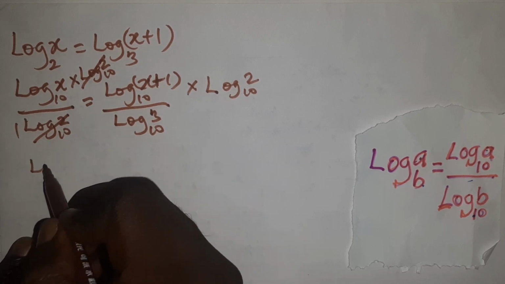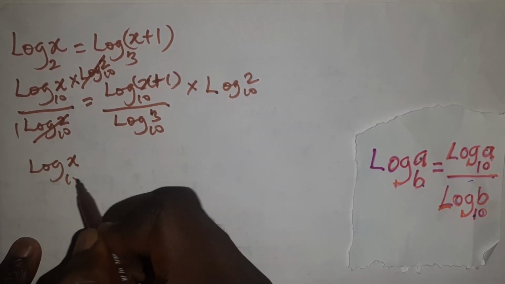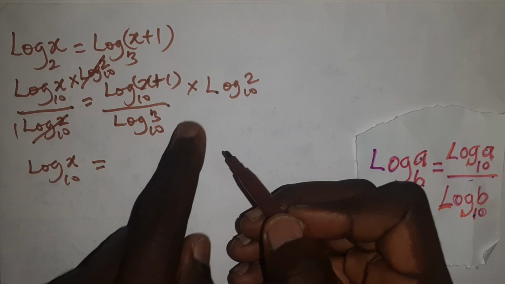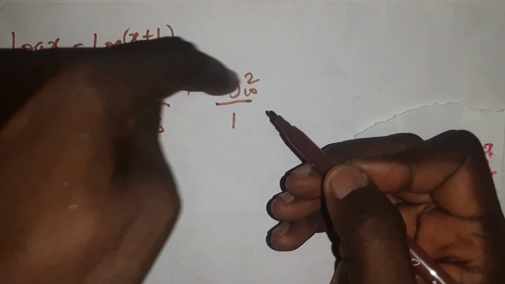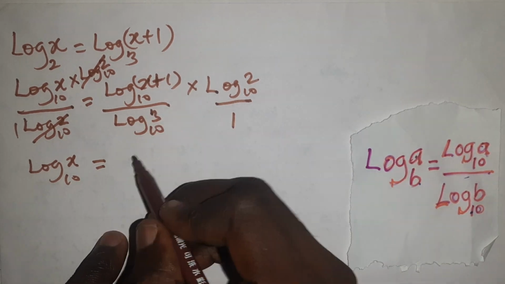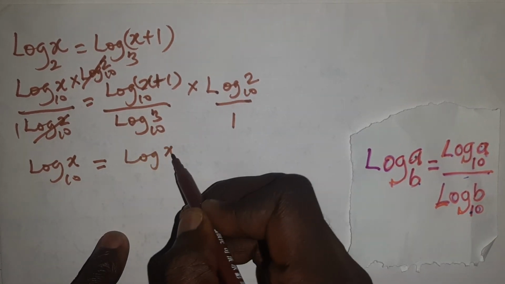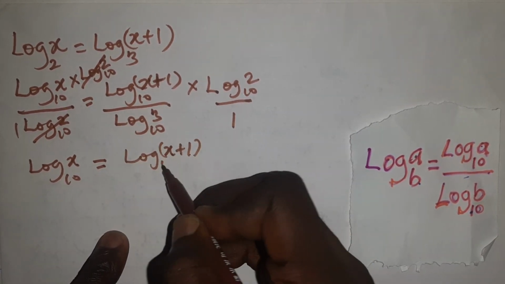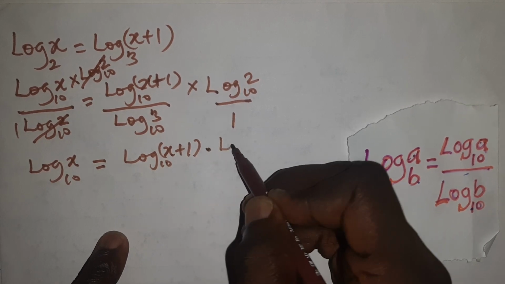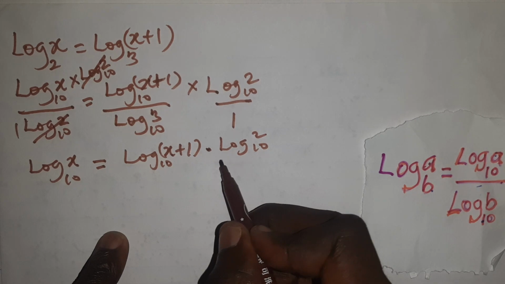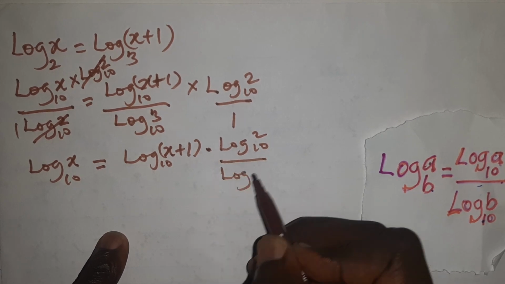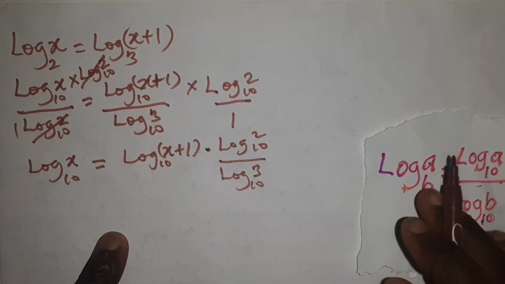So I have log x base 10 equals, this can be over 1. I'll multiply the numerators and the denominators. So this gives me log x plus 1 base 10 times log 2 base 10, and log 3 base 10 times 1 still gives me log 3 base 10.